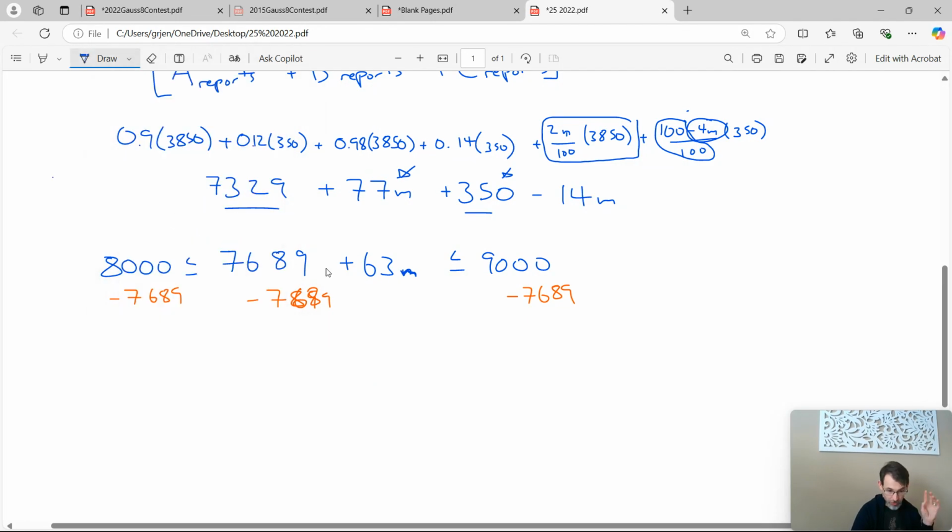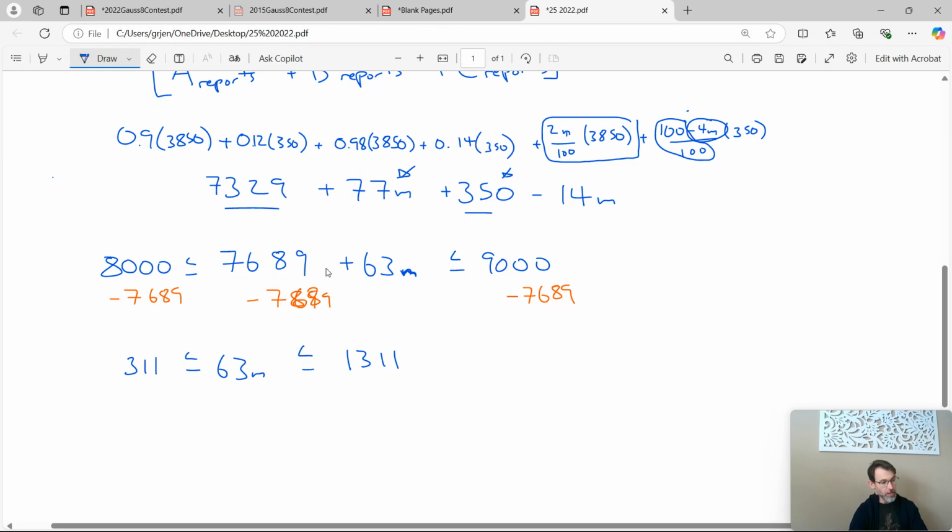It's the same as working with equations and inequalities, unless you're going to multiply or divide by -1, in which case the direction of the inequality flips, but that doesn't apply here. We don't need to think about that. So this is 311 is less than or equal to 63m, which is less than or equal to, well, that would be 1311. So let's find all the values for m that make this true, all of them, ignoring the fact that we want divisible by 3.